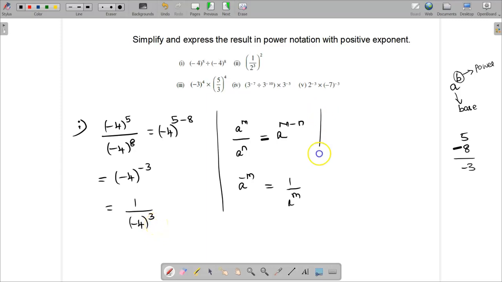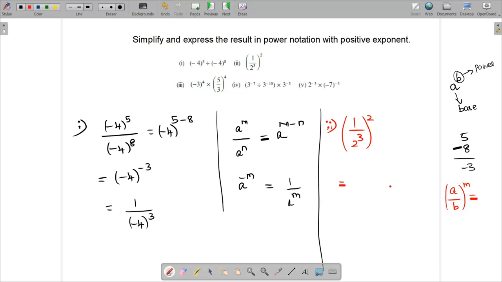Coming to the second subdivision, we have (1 by 2 power 3) the whole square. Again with the law of exponents, we have (a by b) the whole power m.